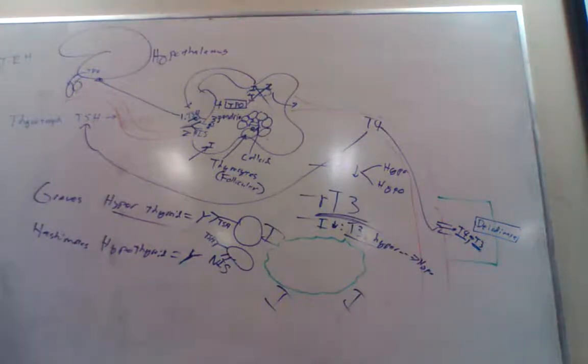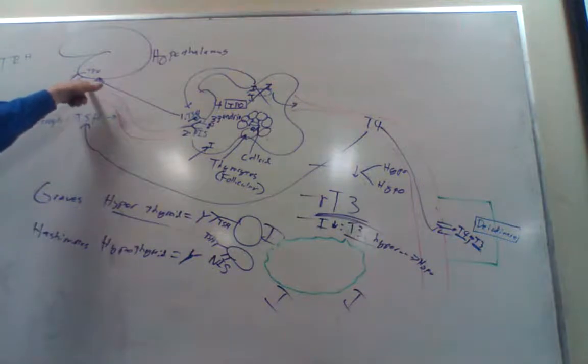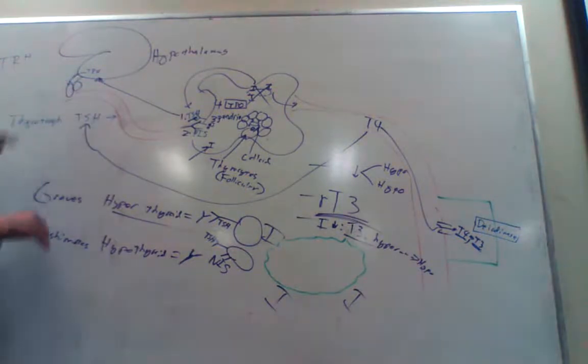All right, any questions before we tie up? Yeah. Thyroid releasing hormone is going to send a message to the anterior pituitary, and then the back one's the posterior. So it will go to the anterior pituitary.